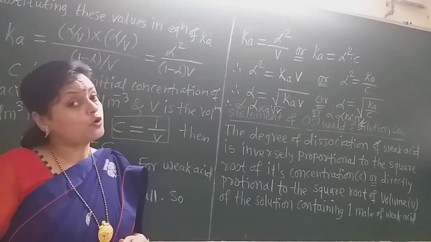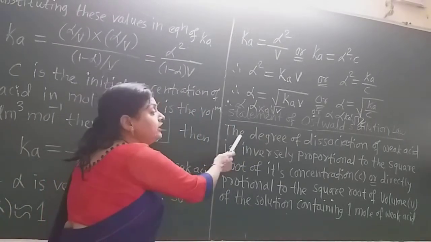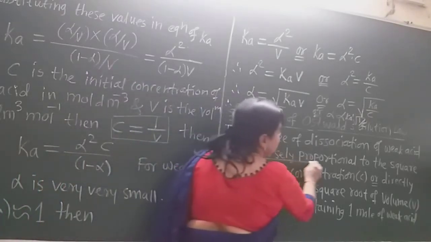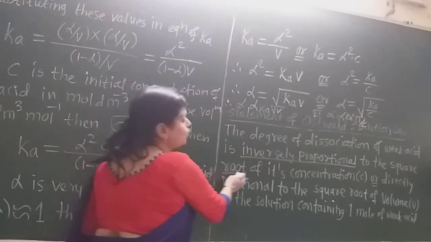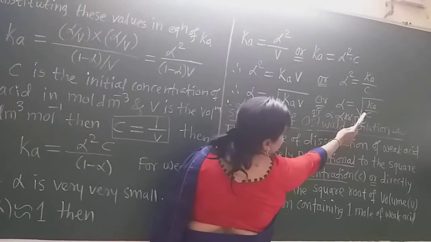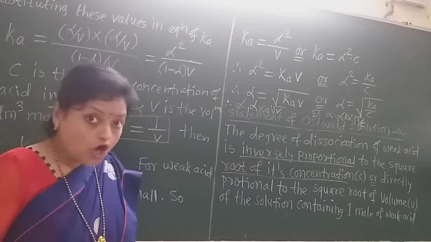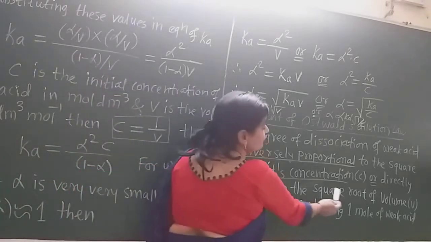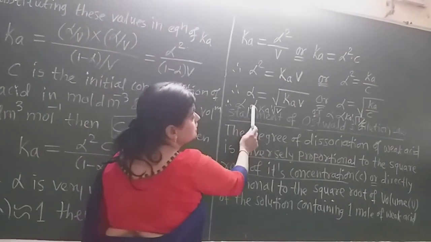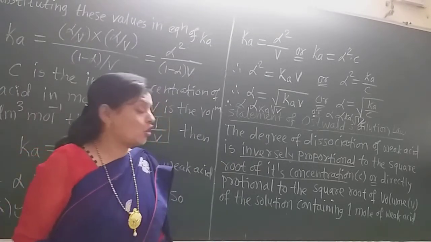So what is the statement of Ostwald dilution law? The statement of Ostwald dilution law is that the degree of dissociation alpha of the weak acid is inversely proportional to the square root of its concentration C. Here we are seeing alpha is inversely proportional to the square root of the concentration C, and it is directly proportional to the square root of volume V of the solution containing 1 mole of the weak acid.